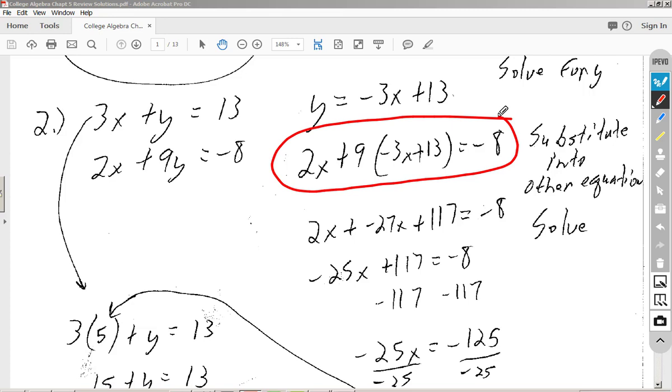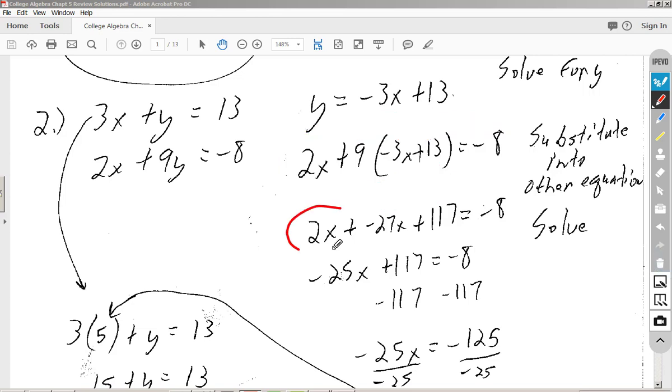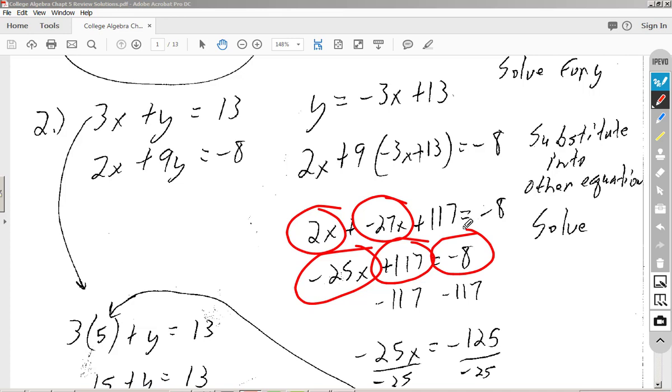Distributing the 9, I've got 2x, 9 times -3x gives -27x, and 9 times 13 gives 117. Combining like terms, 2x minus 27x gives -25x. I still have plus 117 equals -8.